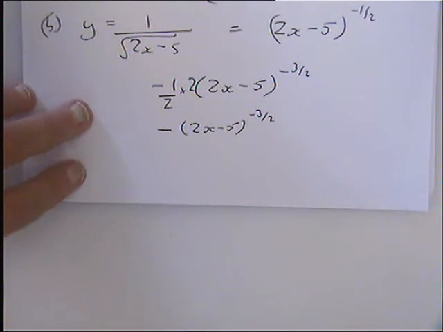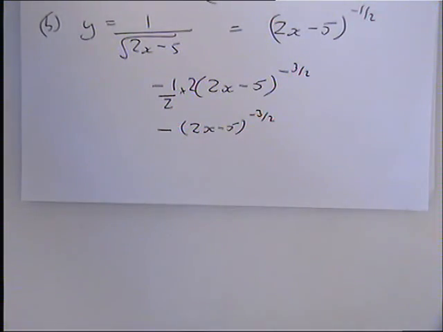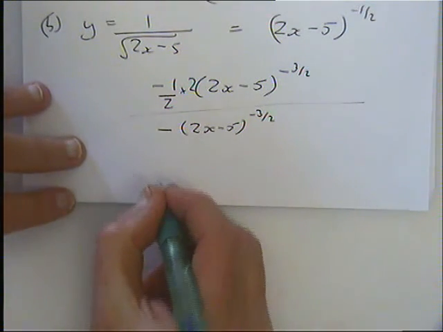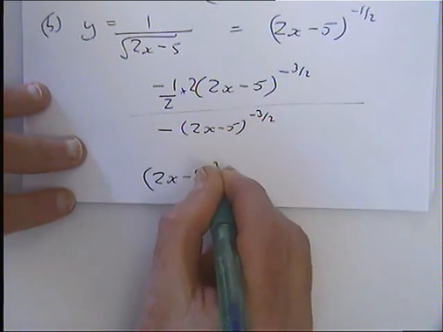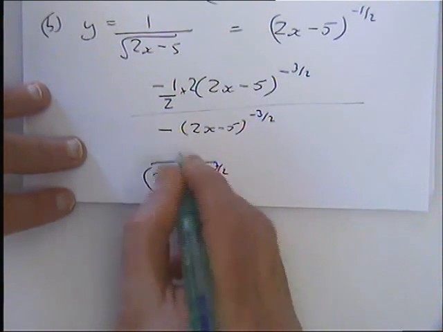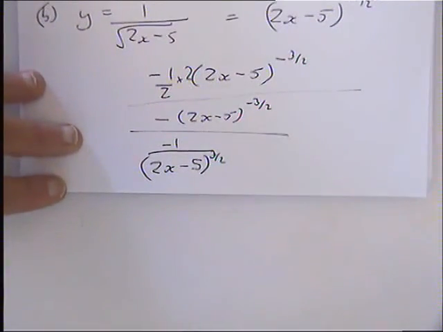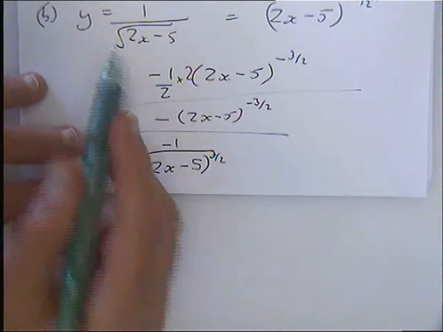How can I make that look more like the question? Minus 1 over the 2x minus 5 to the 3. I think you said that. Is that what you said? Okay, that's right. But the question had a root sign in it. Go on.